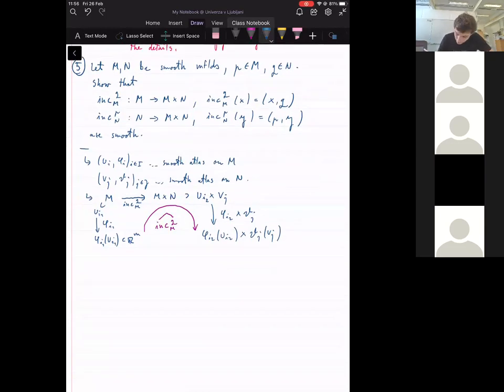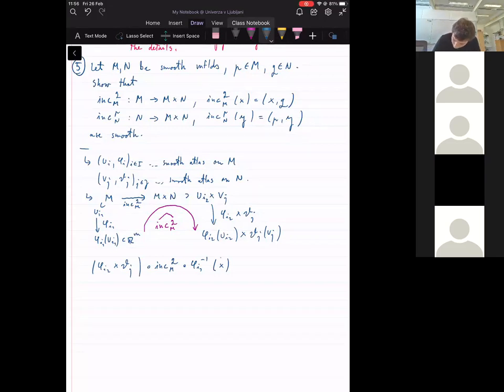So let's try to write it down, right? We have phi_i2 times theta_j of ins_mq of phi_i1 inverse, and let's pick an element of R to the power of m here.